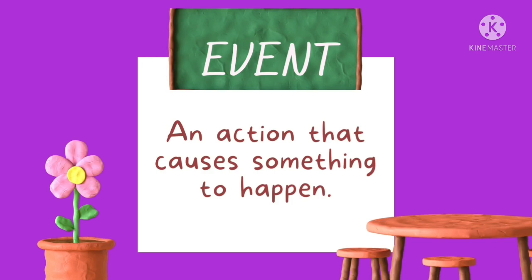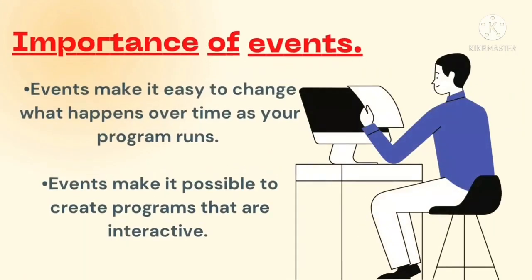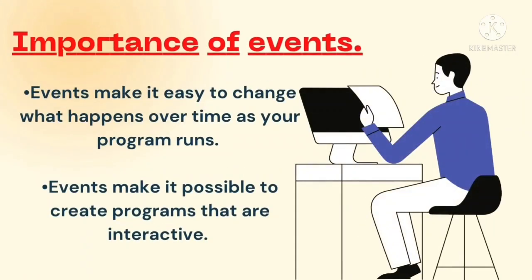Now let's take a look at some of the importance of using events in our program. Events make it easy to change what happens over time as your program runs. So we use an event to make the sprite begin a new behavior after some time has passed.